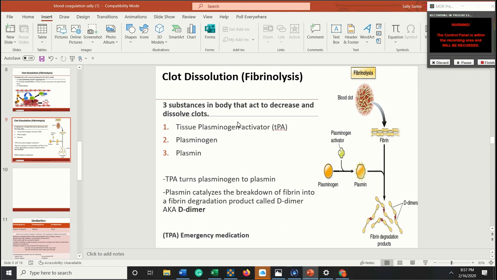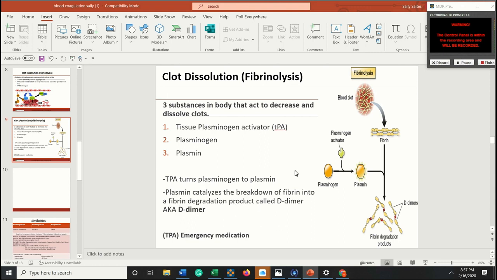So here is our clot right here, and we want to get rid of our clot. So the TPA, the tissue plasminogen activator, actually activates this plasminogen and turns it into plasmin. The plasmin is what catalyzes the breakdown of the fibrin into a fibrin degradation product, and that degradation product is called D-dimer.